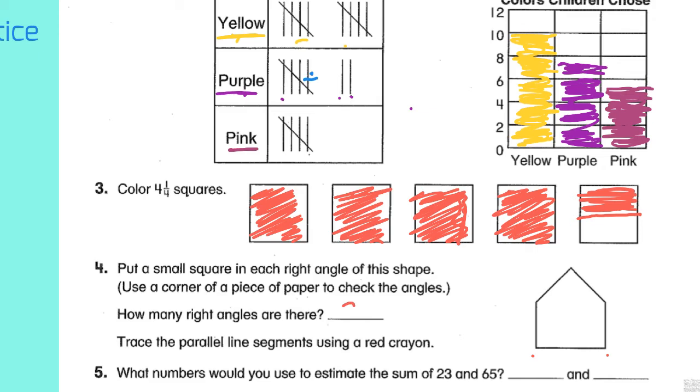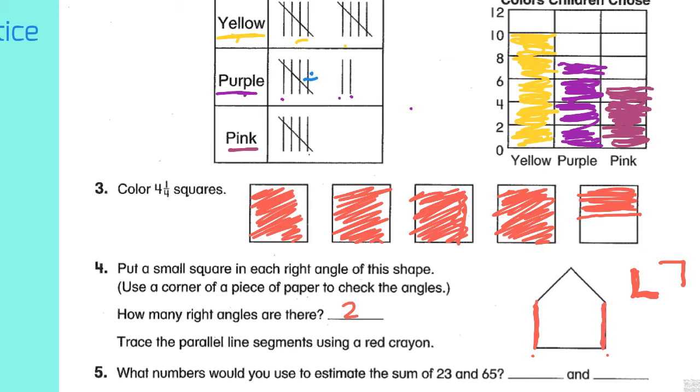So we have 2 right angles. Remember, a right angle makes the capital letter L in any direction. Okay? And it says trace the parallel line segments using a red crayon. So parallel line segments are going to be these two that are facing each other.